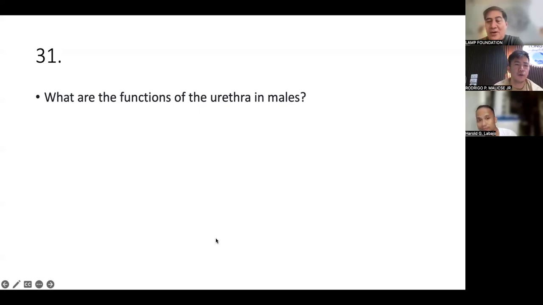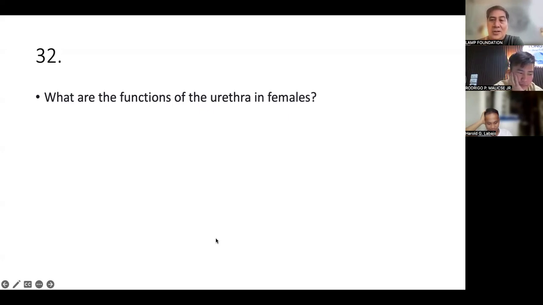So let's talk about the urethra. What are the functions of the urethra in male? It transports urine and semen to the outside. So the semen will also pass through the urethra as well as the urine to the outside.